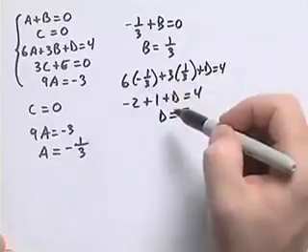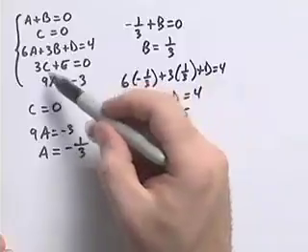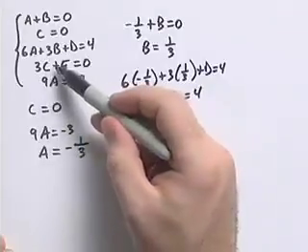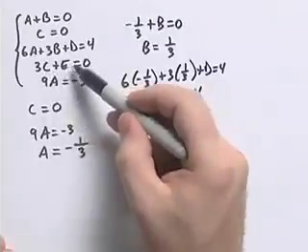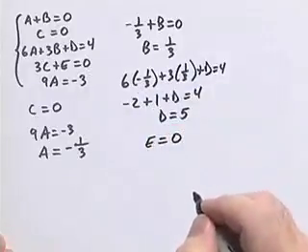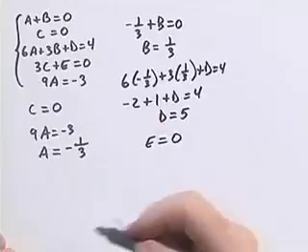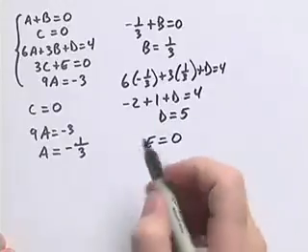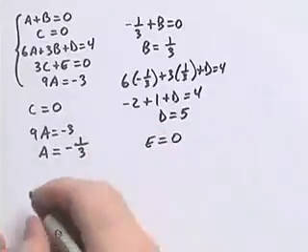So we have a, b, c, and d. We just need to know what e is. We know that c is equal to 0. And since 3c plus e must also equal 0, we know that e has to equal 0. We go back to our partial fraction decomposition now, since we know a, b, c, d, and e.